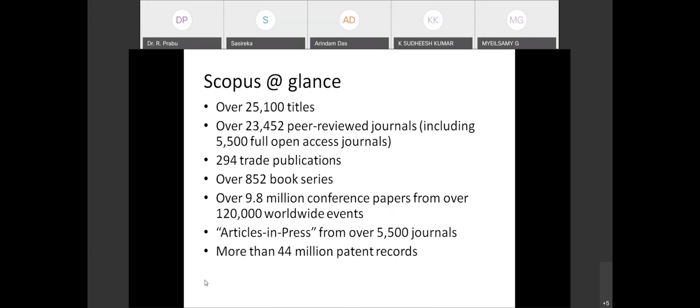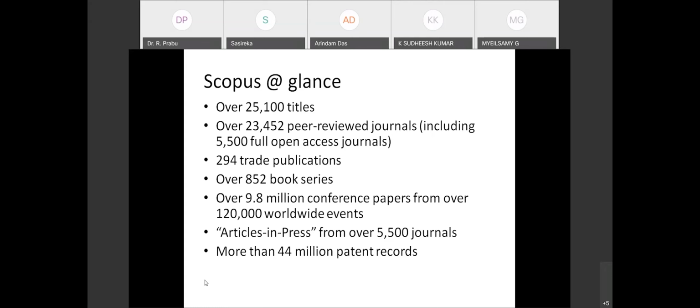So it is not only commercial journals; open access journals are also listed in the Scopus databases, along with 294 trade publications and over 852 book series. Over 9.8 million conference papers from 112,000 worldwide events are covered in the Scopus databases.